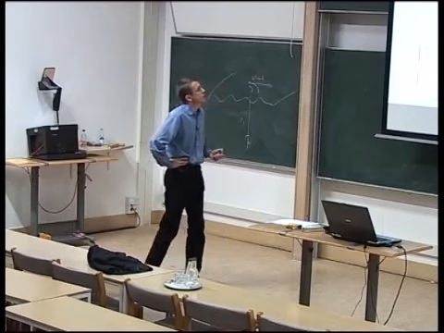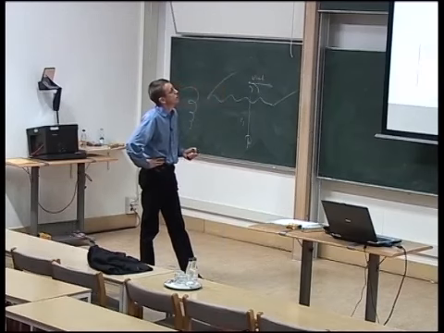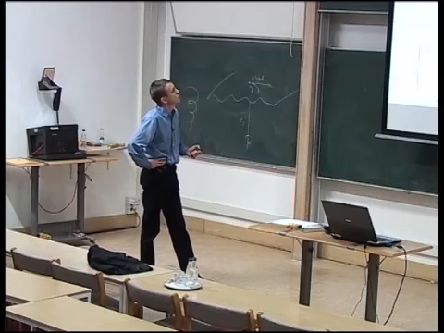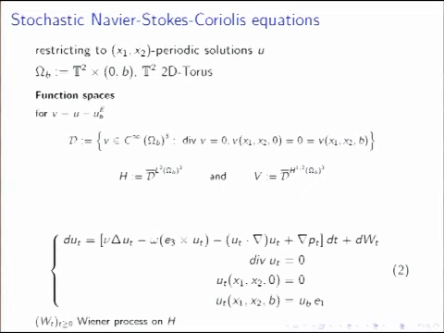And then we look at the corresponding function spaces, because we're only interested in differences towards the Ekman spiral. We again impose the Dirichlet boundary conditions with respect to z, the vertical coordinate. Then, of course, we have the divergence-free conditions as usual, and then we take the corresponding closures as usual.